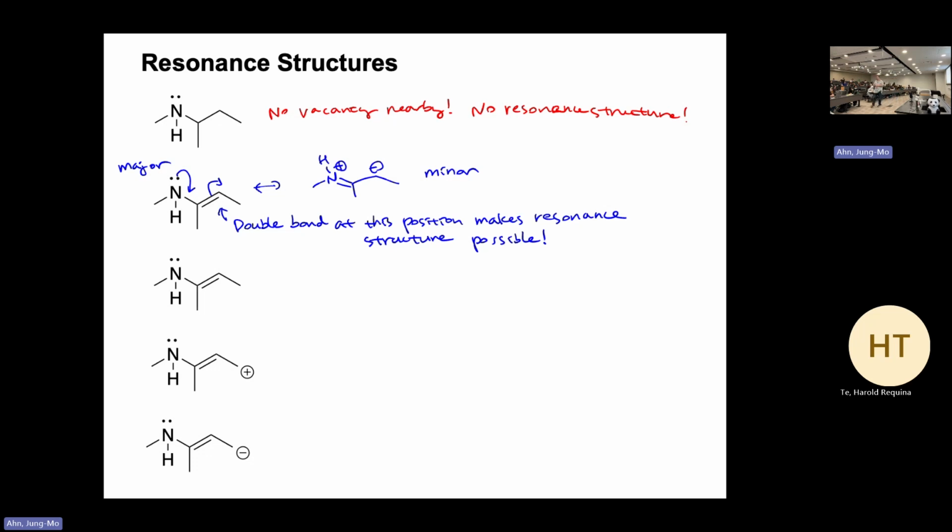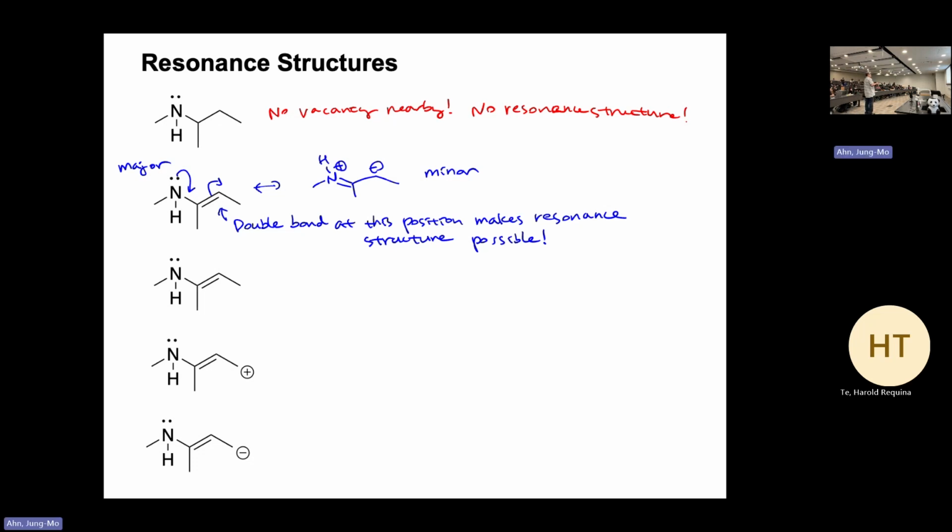If you look at the octet, all the atoms here meet an octet. Even though these carbons are negatively charged, octets are there, and nitrogens are positively charged, octets are there. The reason this is a minor contributor has nothing to do with the octet, but because you make the carbon negatively charged, which is not really good for nature. And this is the neutral one.